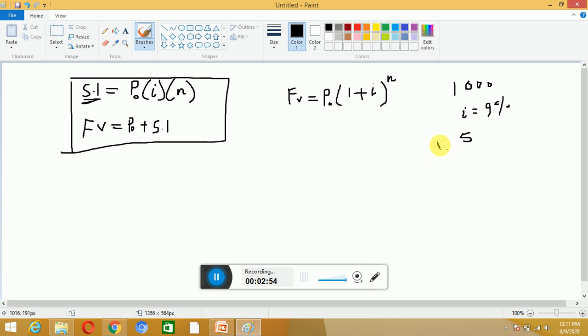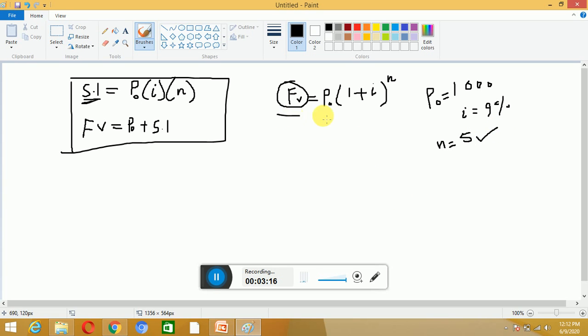This is N equal to 5. Interest is 9% and the present value is $1,000, meaning you are depositing $1,000 today. So what will be its future value, meaning how much money will you receive after 5 years?